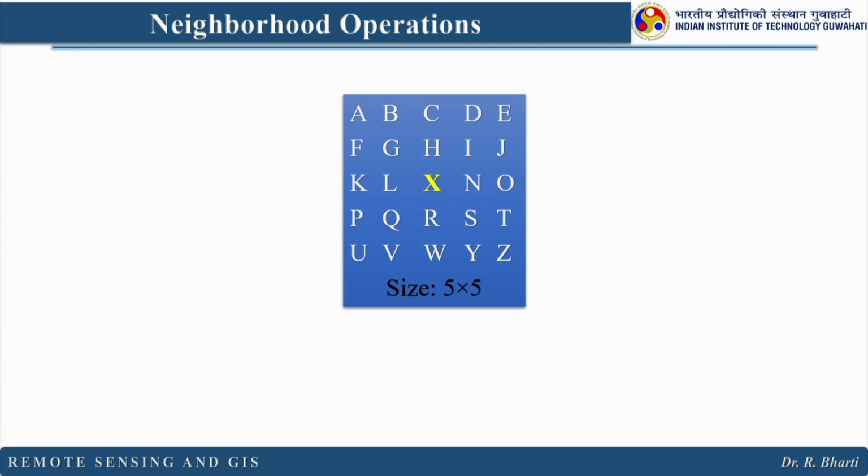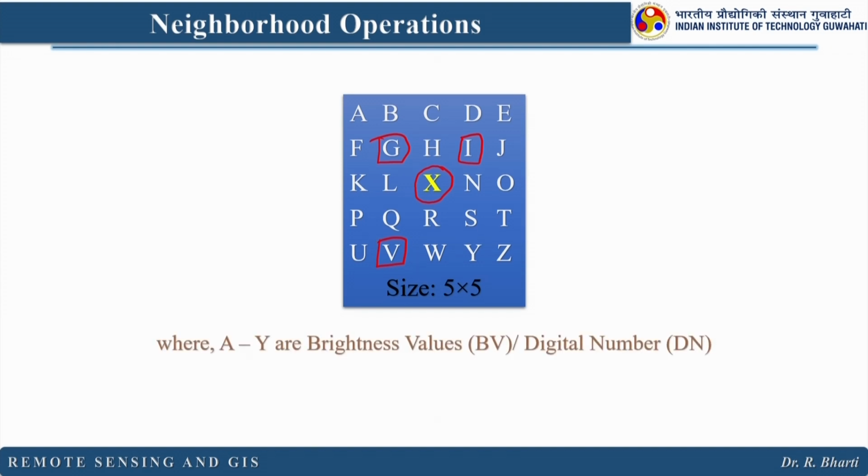The size of this image is 5 by 5. Now we have to find out, or enhance, the value of this X pixel, which is located in the center. If it is located here, what will happen? If it is located here, what will happen? That we need to understand. So this is the detail of this.